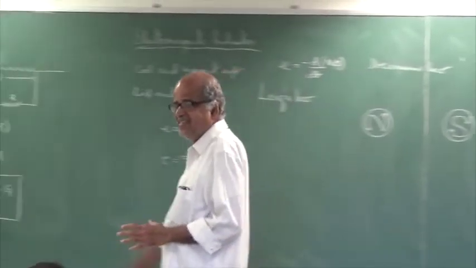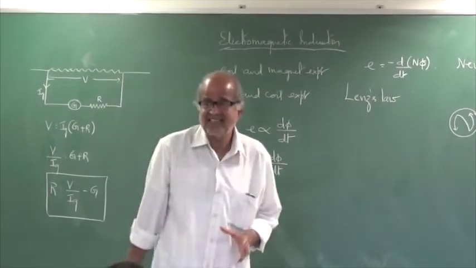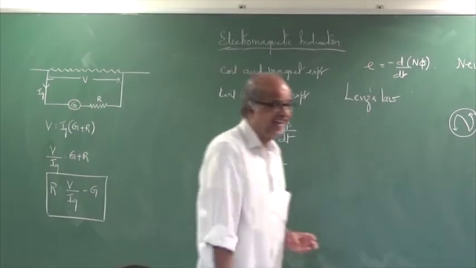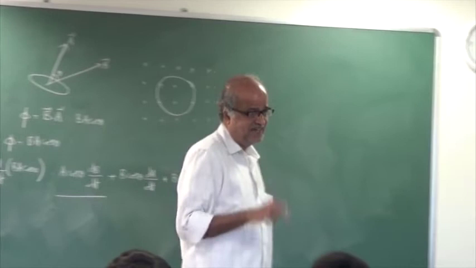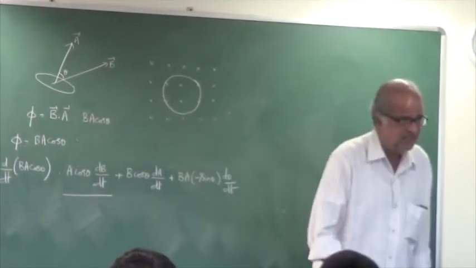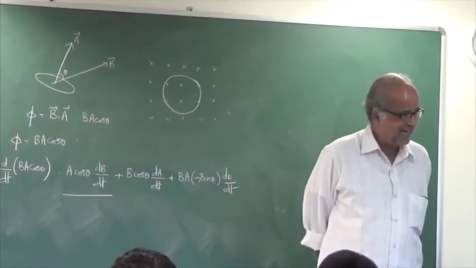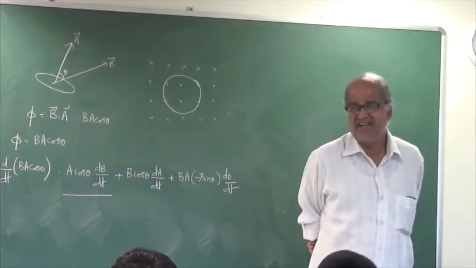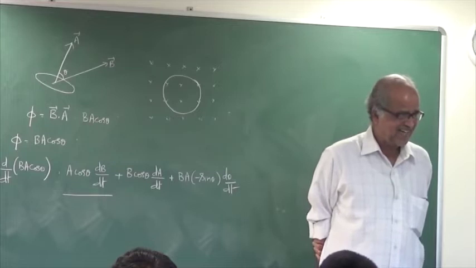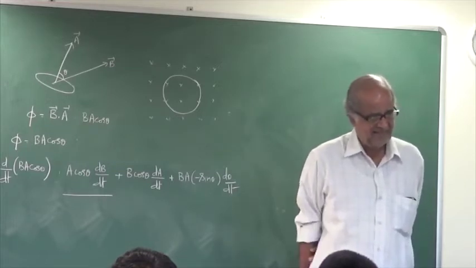This force per unit charge is what you call electric field. This field is produced by the movement of the magnet, that means due to the change in the magnetic flux linked with the conductor. Clear?